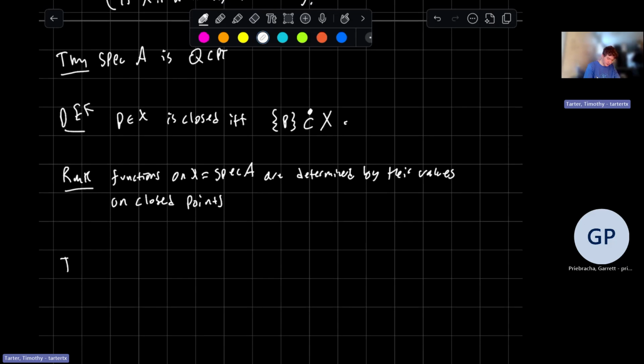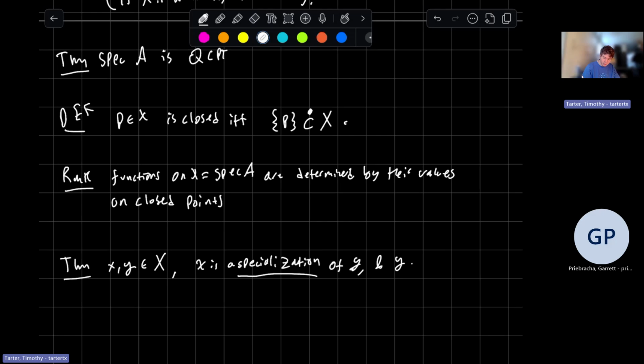And then, okay, theorem: given x and y in big X, x is a specialization, this is a new word, of y, and y is a generalization of x, if and only if x is in the closure of the closed set containing y.